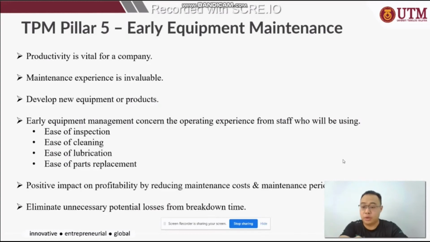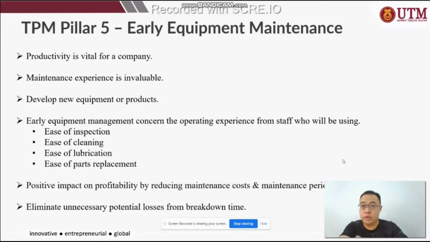Most importantly, we must consider the operating experience from the staff who will be using the equipment, because they are the ones who spend most of their time with the machines, for example cleaning, inspection, lubrication, and parts replacement.